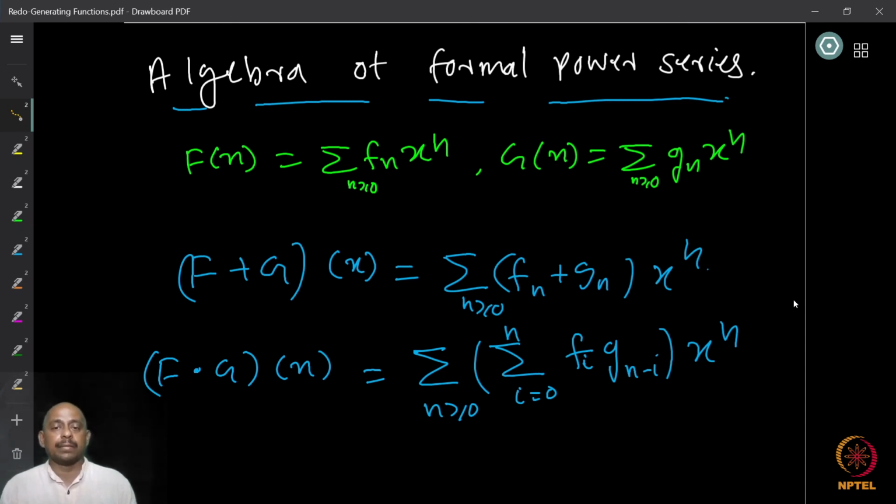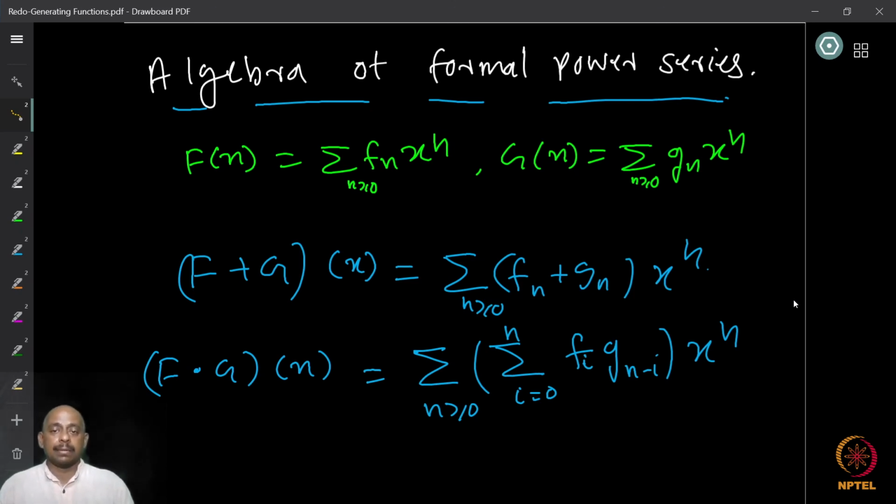So (f plus g) of x is basically the summation of (f_n plus g_n) x raised to n. This is clear because when we have two formal power series and take the sum, we can only add the coefficients of the like terms, the corresponding terms x raised to n. I have to take the coefficient and add it with the coefficient of x raised to n. That is the only way we can add. Therefore, it's a natural way to define the sum, right?